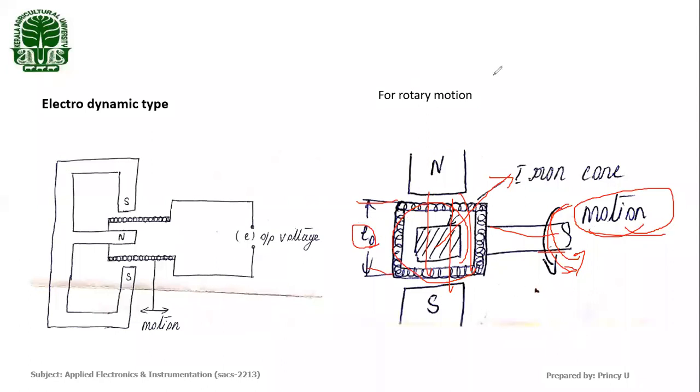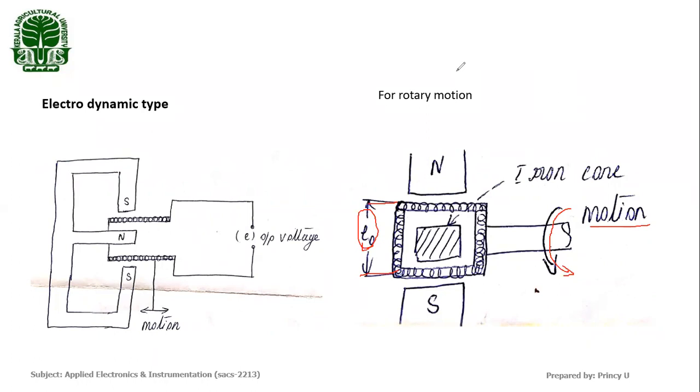Okay. Rotatory motion ആണ് measure ചെയ്യേണ്ടതെങ്കിൽ, the rotatory motion to be measured is attached to that coil, and when the coil rotates, a rate of change of flux will occur. That rate of change of flux will produce an EMF E0 that will be proportional to this motion.